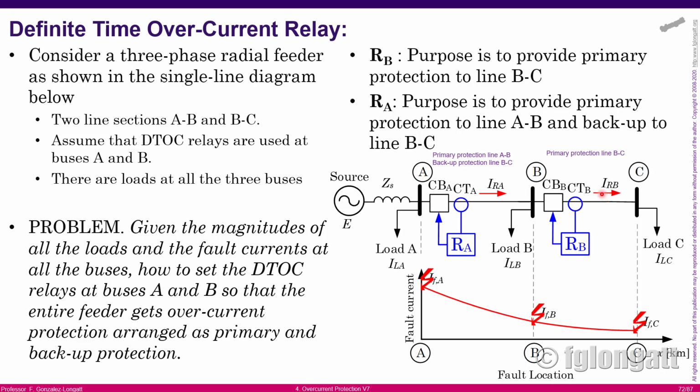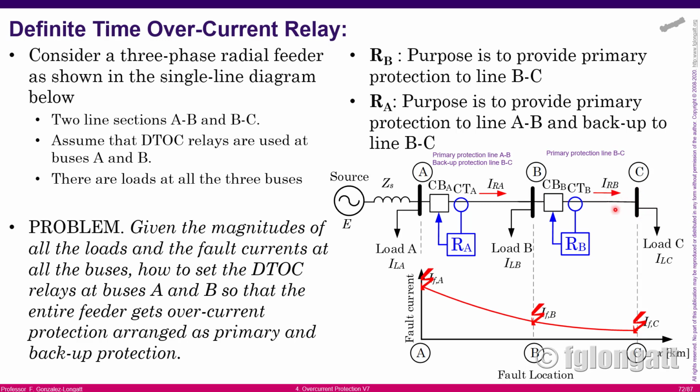Something that you must realize is that relay B here is protecting sections B and C. That means that this relay, B, is the primary protection for this section, B and C.